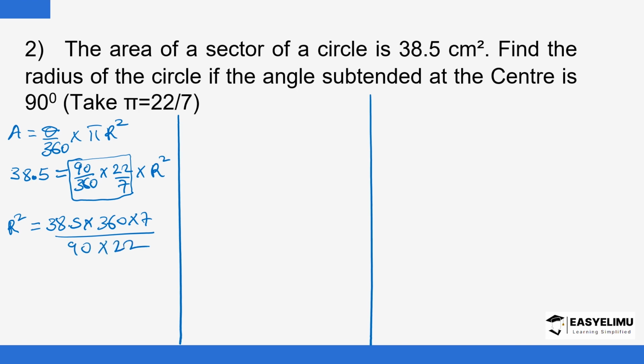So you see I've multiplied by the reciprocal of 90 over 360, and then the reciprocal of 22 over 7. So let's try and simplify this again, just like we did in the previous example. So 90 here once, 90 goes there 4 times.